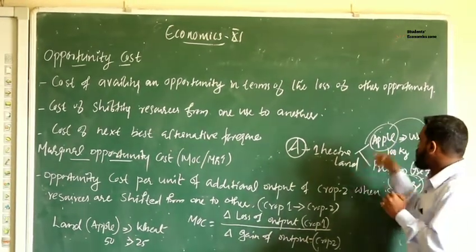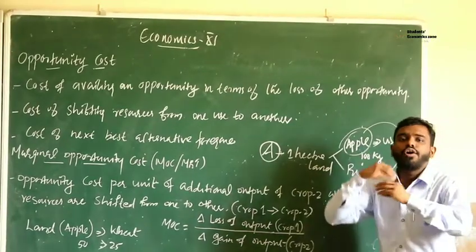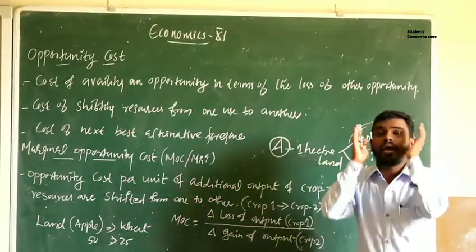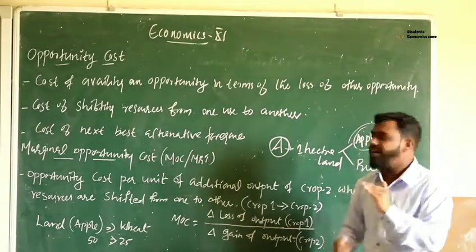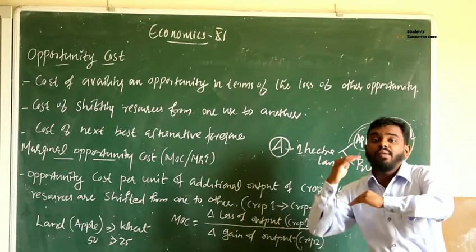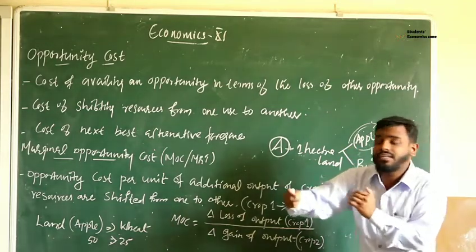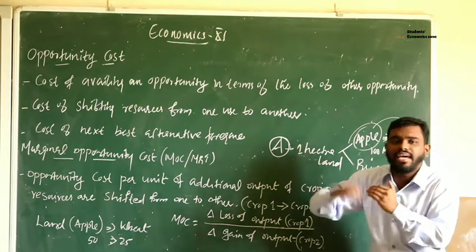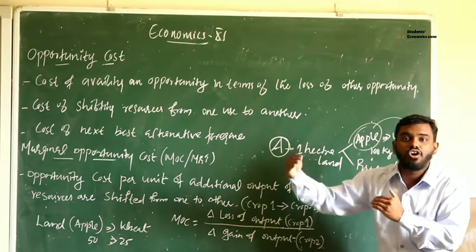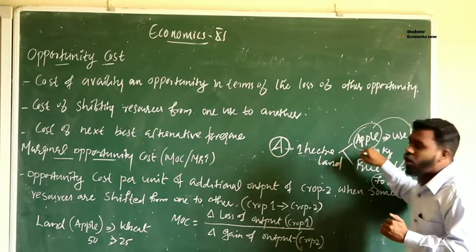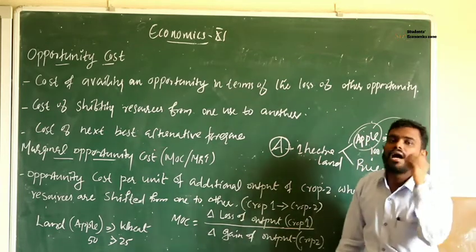If we choose production of apple, then according to individual A that is the best opportunity, which is why he selected it. Then the next best alternative is production of rice, which he foregoes, that he sacrificed. So 70 kilogram of rice is the opportunity cost of 100 kilogram of apple.